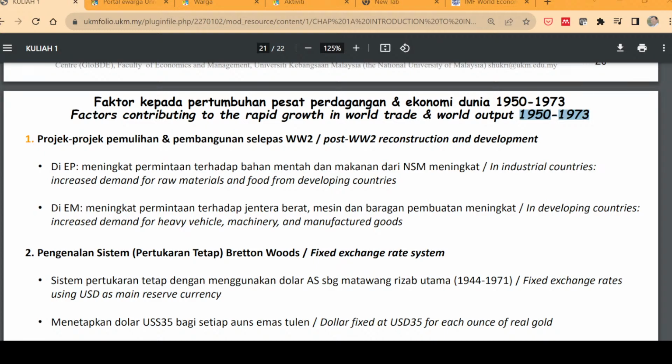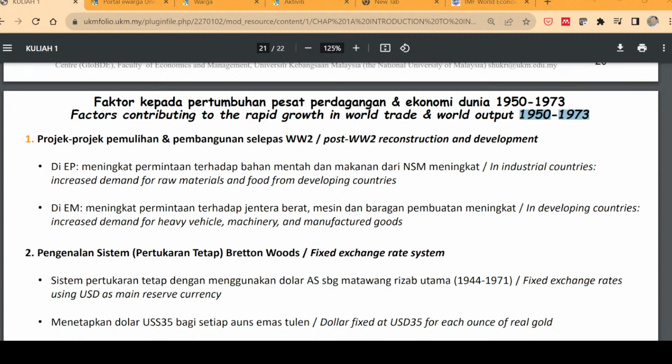Trade as engine of growth. So the golden years of 1950 to 73 were because of rapid growth in international trade. Why? There are three reasons.